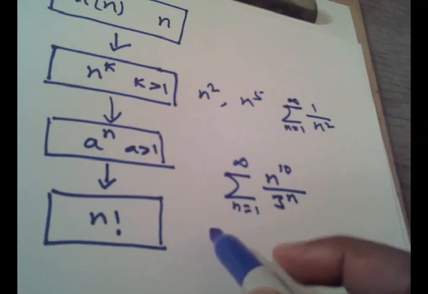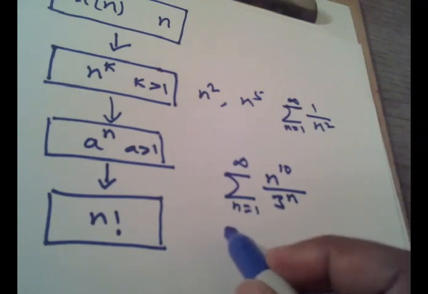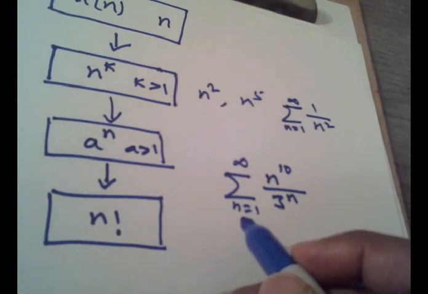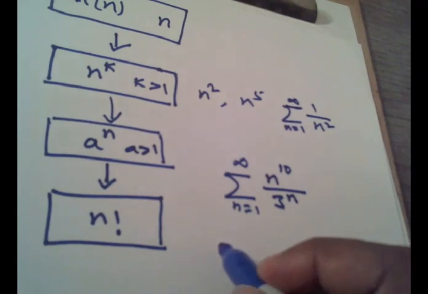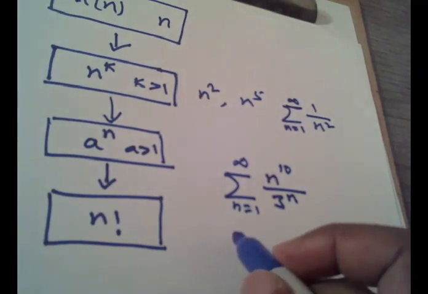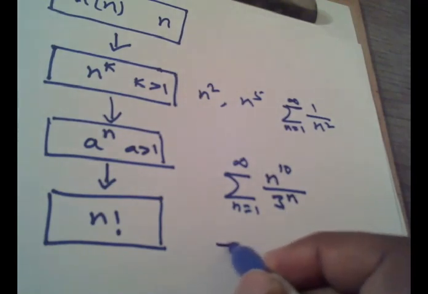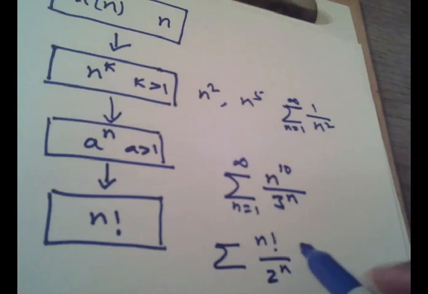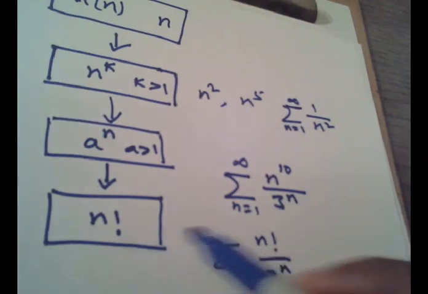Now let's make up a few more problems. So the other one is, if somebody asks you n factorial over 2 to the power of n. So n factorial grows pretty fast.